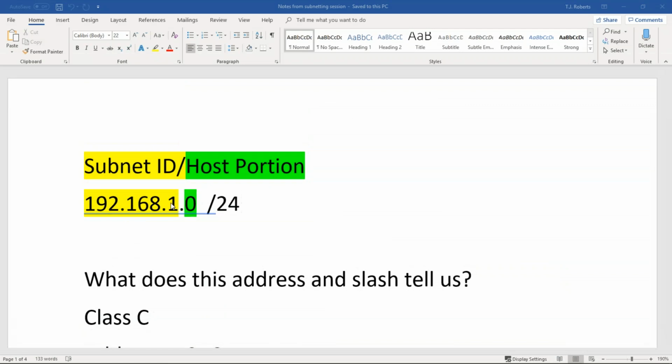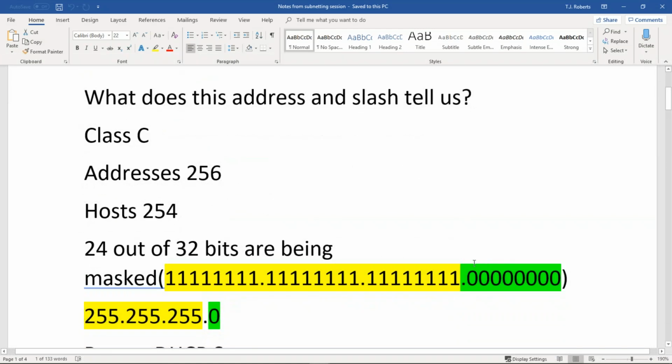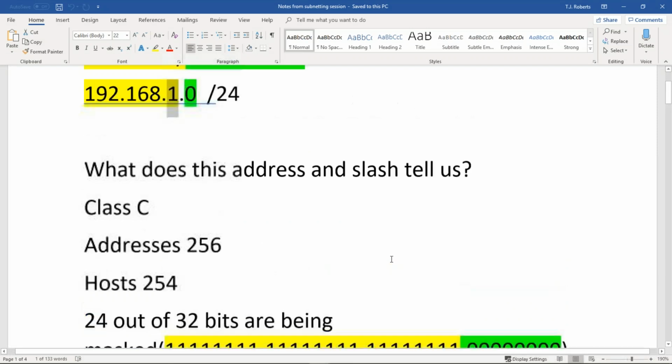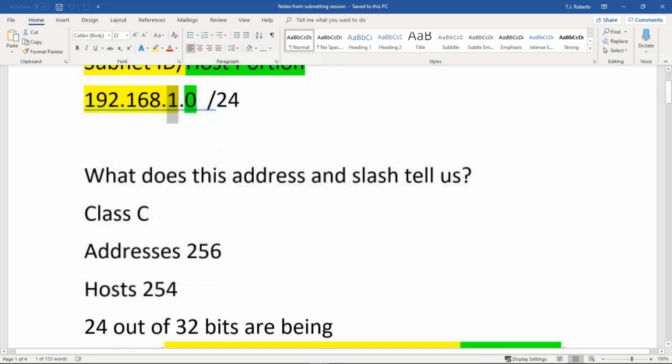Once you go into that size 24, now all of a sudden this is changing too. Just keep that in mind because some people get confused on that. When you go from your 25th to your 24th bit, this third octet is now in play in the subnet mask.